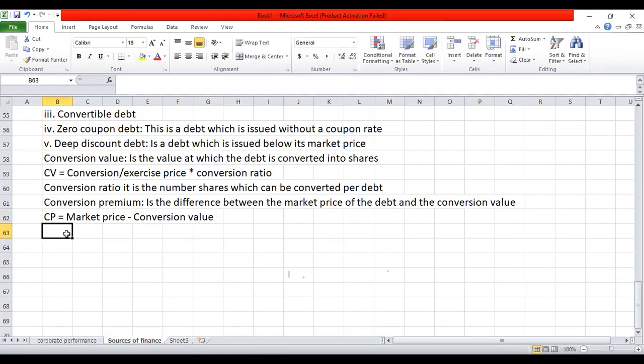So what are the benefits of financing using debt? What can be the benefits for a business to finance using debt?